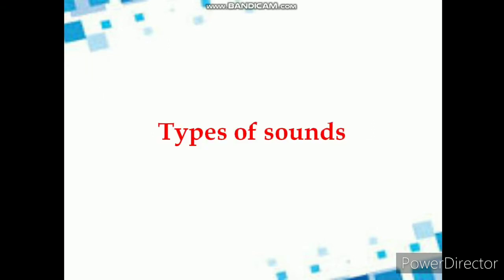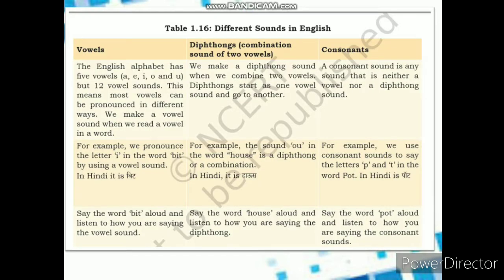We know that the letters of the alphabet are not enough to exactly match the many different sounds we make when we speak. Let us take a closer look at the sounds we use. All English words are made of three basic types of sounds as shown in the table: vowels, diphthongs and consonants.